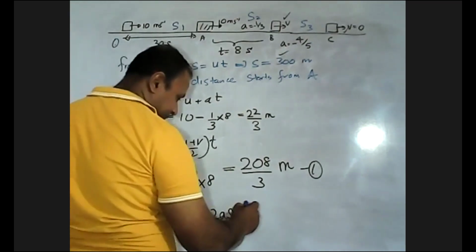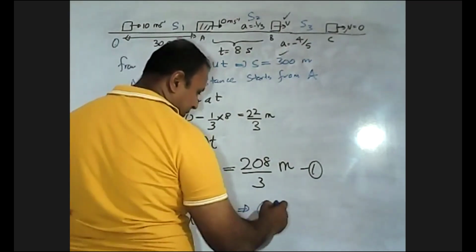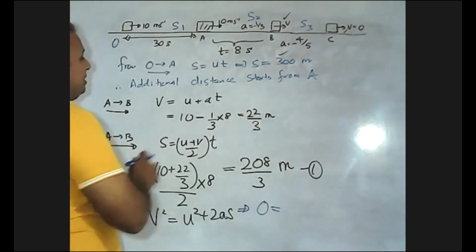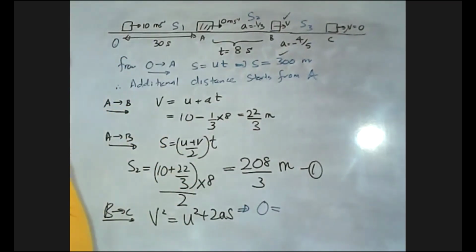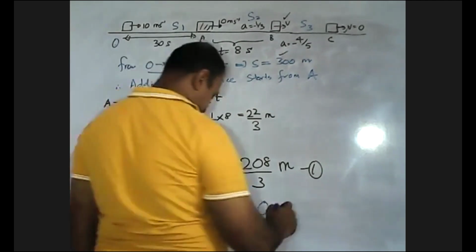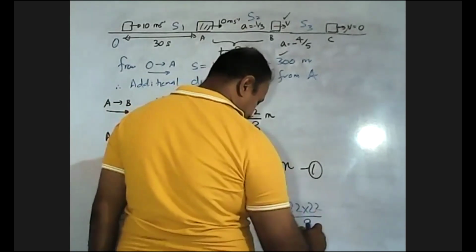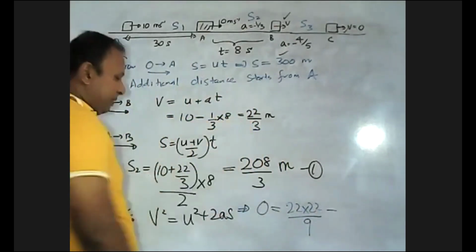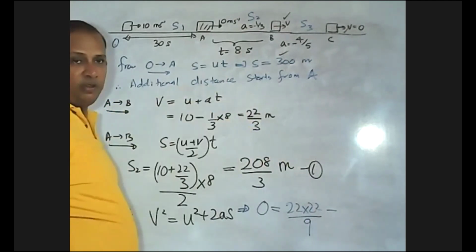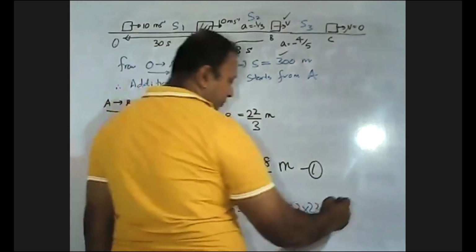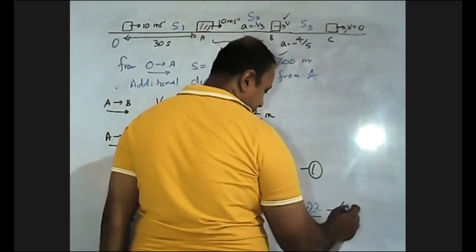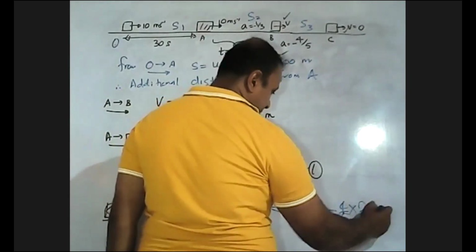So that means this one is 0. U squared means this one. 22 into 22 over 9, minus, because this is a deceleration, therefore it should be minus 4 over 5, into 2s.